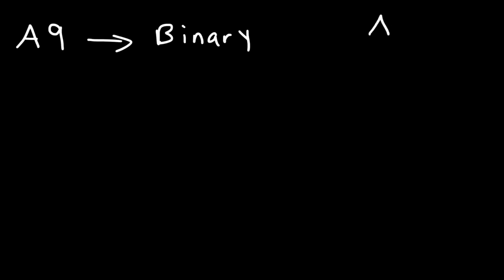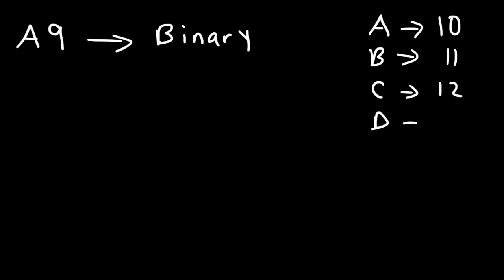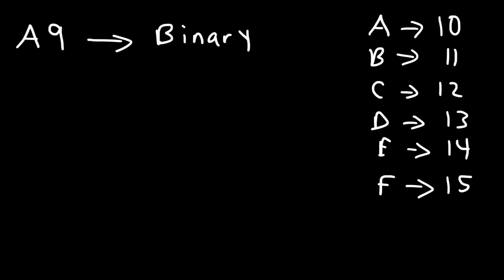In the hexadecimal system, A corresponds to 10, B corresponds to 11, C corresponds to 12, D corresponds to 13, E corresponds to 14, and F corresponds to 15.